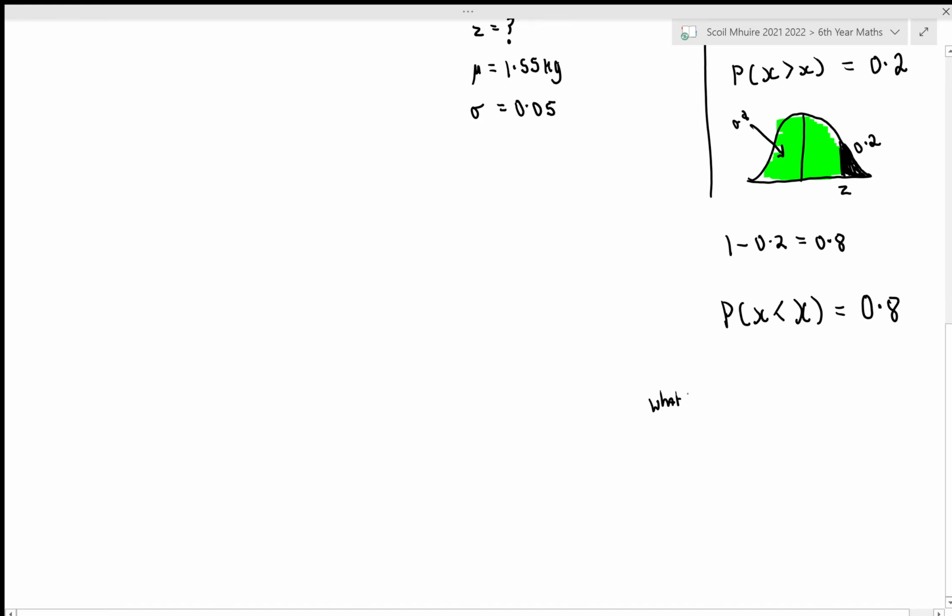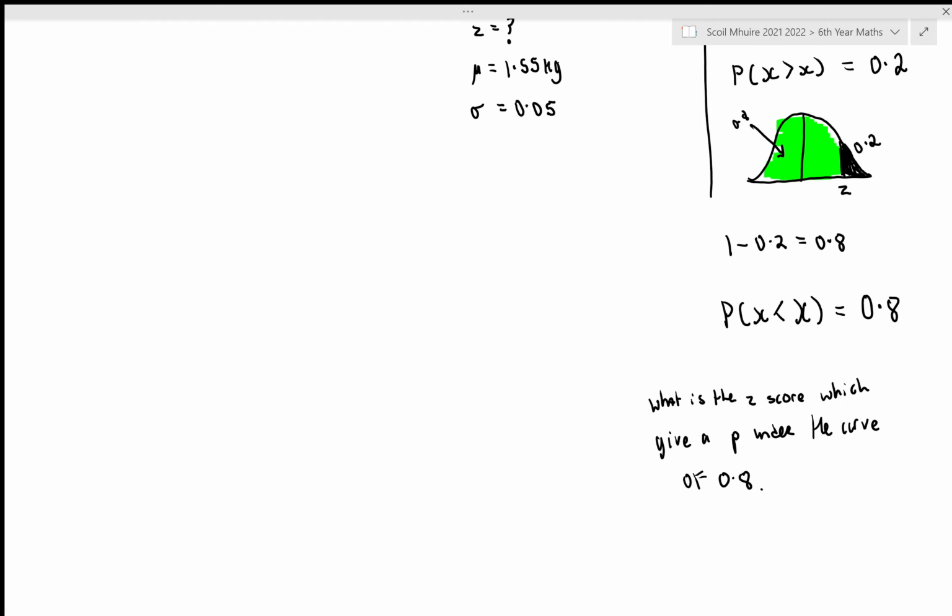What is the z-score which gives a probability under the curve of 0.8? We go to our z-score tables for this.